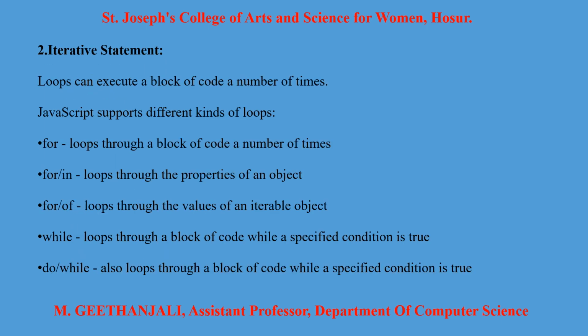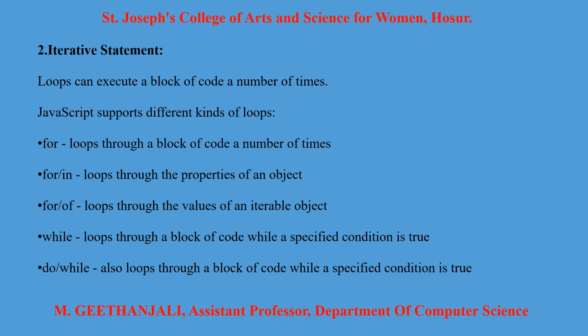Next one is the iterative statement. An iterative statement means a loop that can execute a block of code a number of times. JavaScript supports different kinds of loops: for loop, for in, for of, while loop, and do while. The for loop loops through a block of code a number of times.